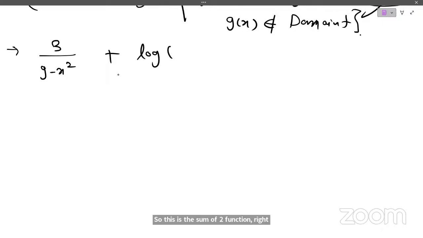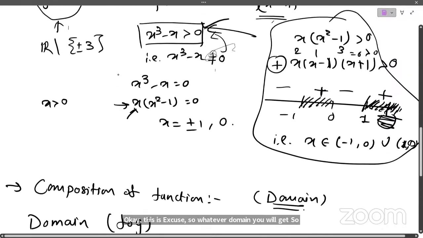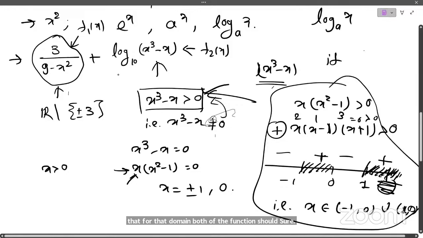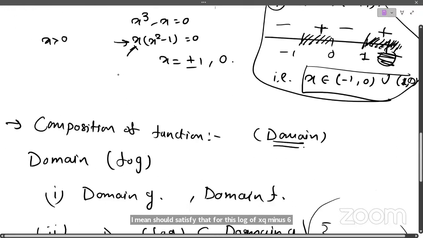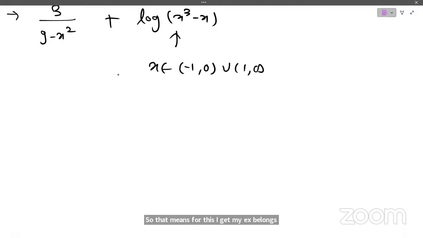This is log of x cube minus x, right? Whatever domain you get, for that domain both of the functions should be satisfied. For log of x cube minus x, we get x belongs to -1 to 0 union with 1 to infinity, right?